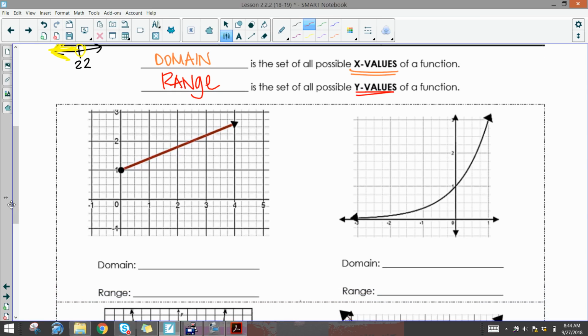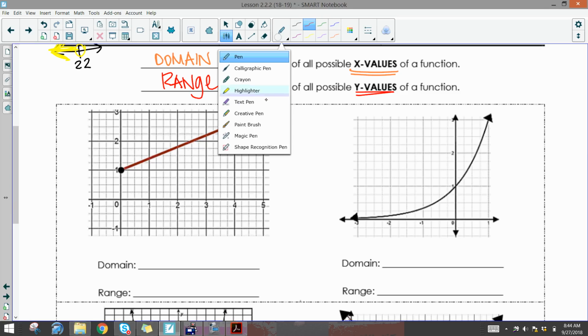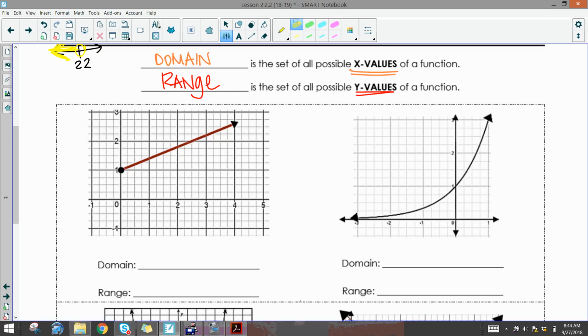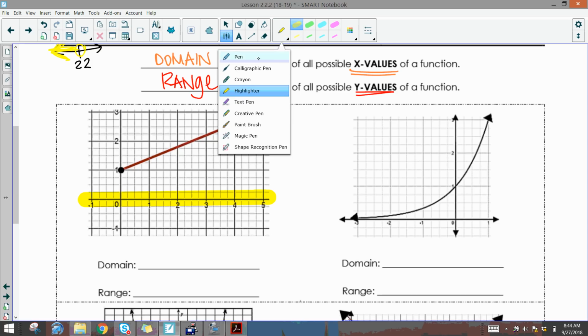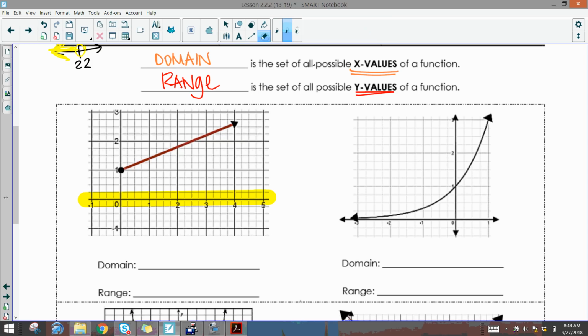So if you look at number 1, domain is all of your x values. So I'm only going to focus on what's happening here. Okay. Well, if you look at that, my graph doesn't start until here. There's no graph at all over all of this, so I'm going to get rid of that.